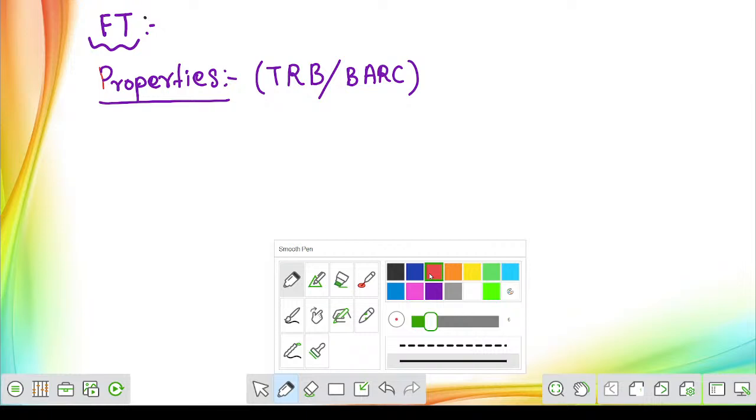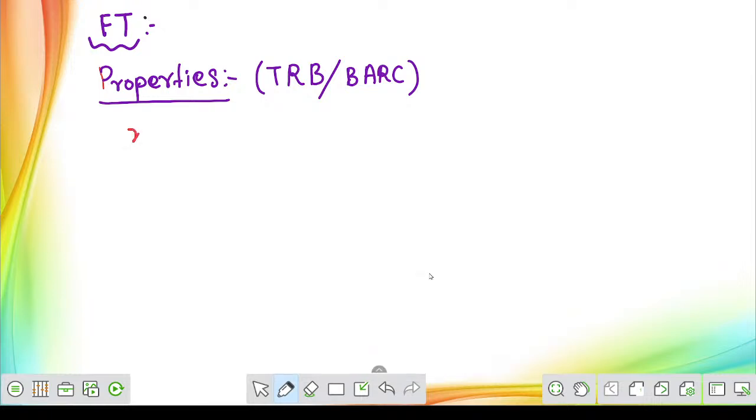Now, if we are focusing on properties of Fourier transform, the first one is, as usual, the linearity property. Suppose I have a signal x1 of t, and its corresponding Fourier transform we can write as x1 of j omega. If I have one more signal x2 of t, then its corresponding transform is x2 of j omega.